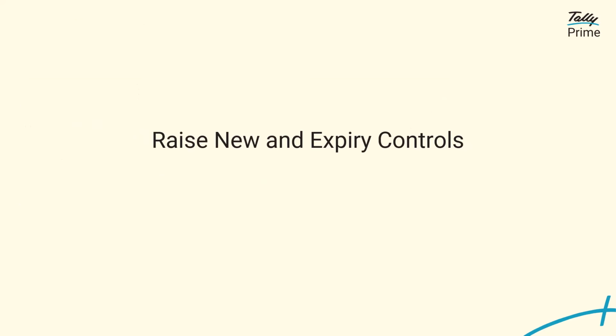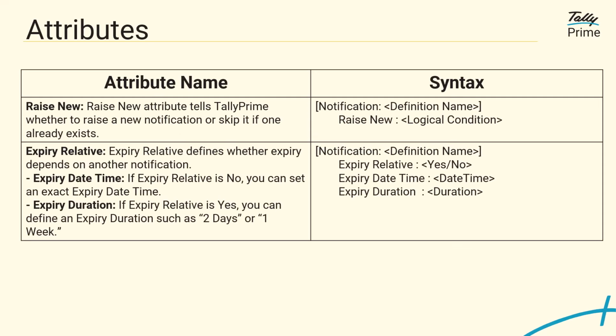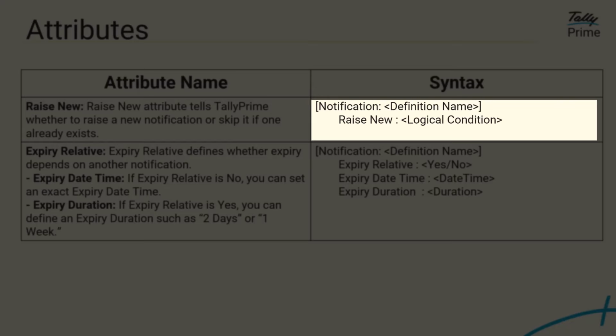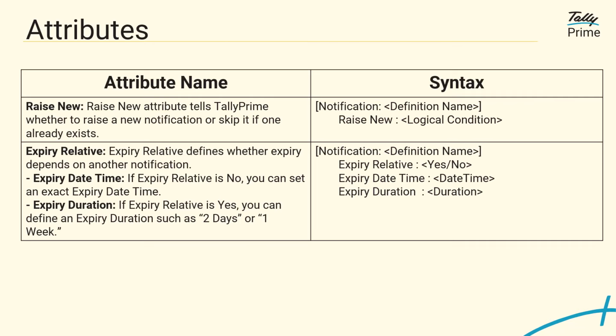Raise new and expiry controls. Now, imagine a scenario where a similar notification already exists. That's where the raise new attribute comes in. It tells TallyPrime whether to raise a new notification or skip it if one already exists. The syntax for this is shown on your screen. We also have expiry-related attributes that determine how long a notification should remain active.